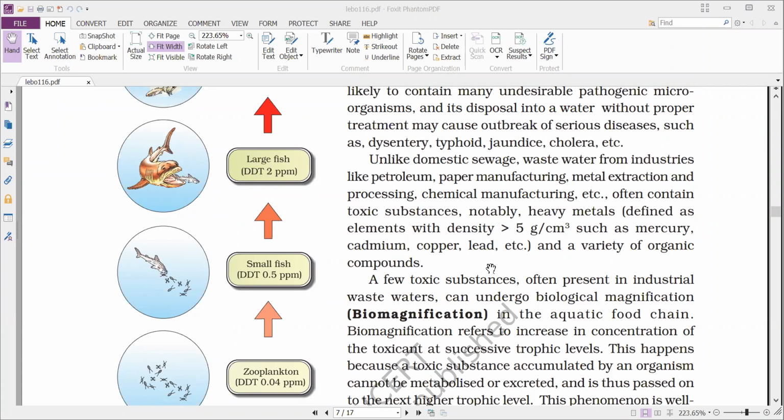But if they are heavy metals, which are not normally in our body, having a density more than 5 grams per centimeter cube, like mercury, cadmium, copper, lead. Lead is obtained from petroleum industries.